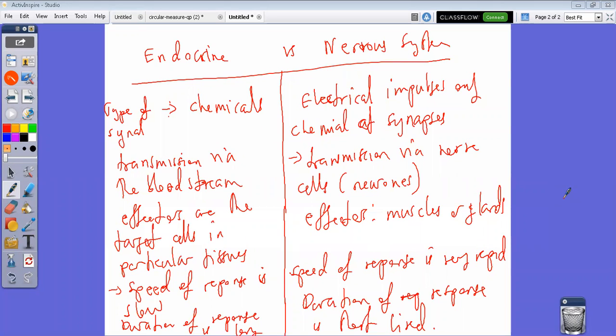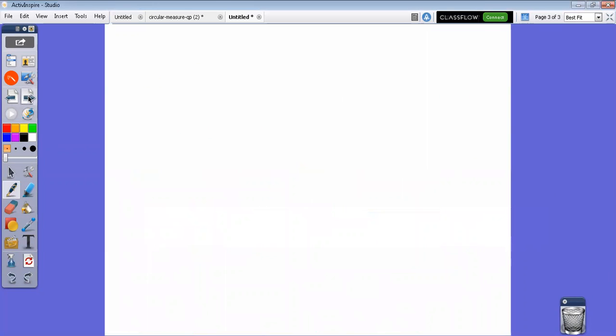Now let's look at some glands, glands that secrete hormones. What's known as the master gland, the major gland in biology? Who knows the master gland?